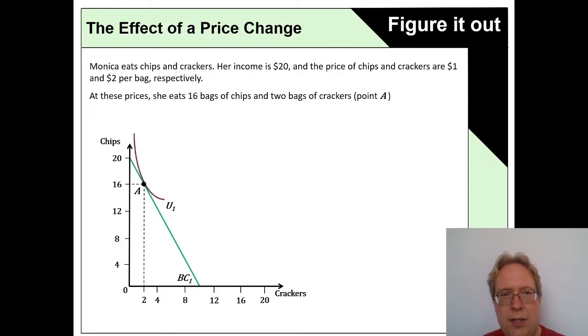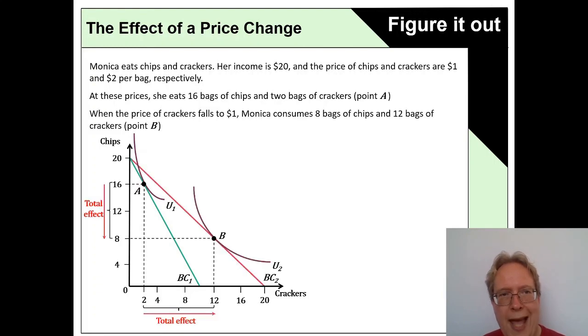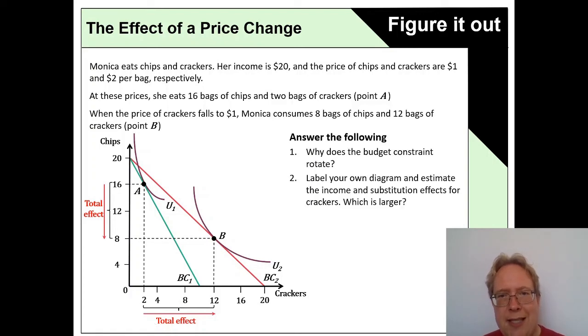At these prices, she consumes at point A. When the price of crackers falls to $1, she consumes at B. And the question is, first, why does the budget constraint rotate? And second, what is the income effect? What is the substitution effect? Do try to answer this question before continuing, and good luck with that.